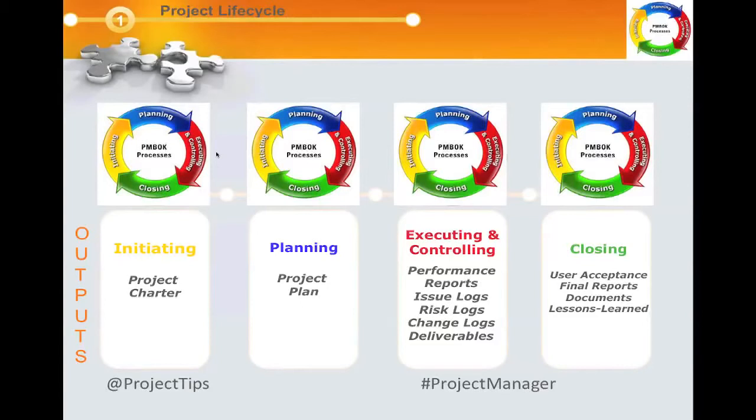Some of the things we're going to be talking about today, some of the outputs from the closing phase, are the user acceptance and their final approvals, some of the final reports indicating the finals versus the actuals, and project documentation that needs to be archived for future reference if you ever need to go back and look at anything. Many projects are executed in maybe a phased approach.